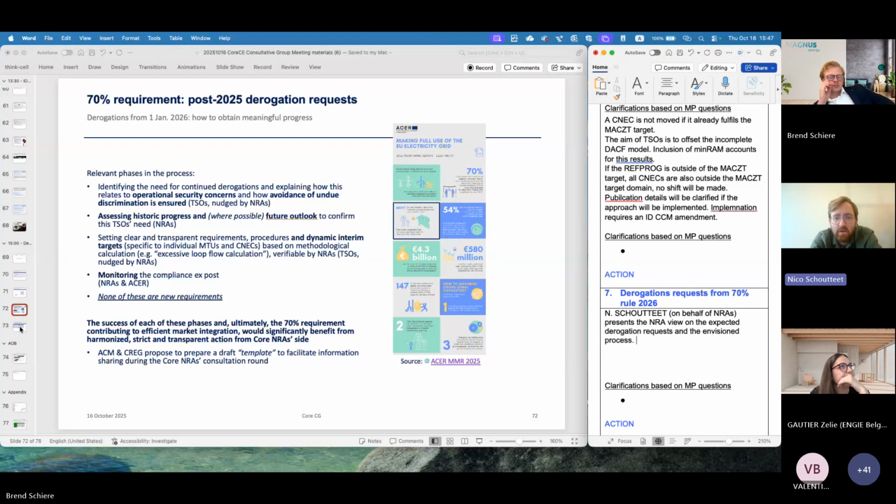So here it becomes important that we step up the efforts and that we harmonize the approach to consider whether or not our TSOs are compliant with the legal requirements. I'm stating here, none of these are new requirements, or that's maybe difficult to understand.